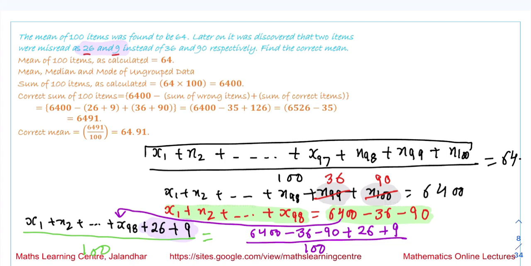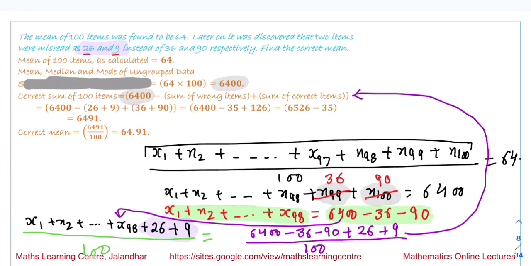So what this formula is representing: this is 6400, the sum of the 100 terms. Next we are subtracting two values from it, that is the sum of the wrong terms, and then we are adding the sum of the corrected digits.